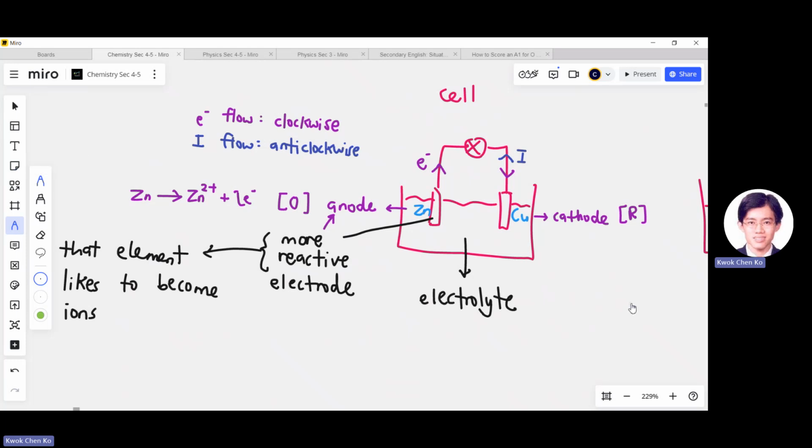Imagine this whole chunk here is a battery, which is true. And for a battery, current flows out from the positive terminal, which makes this guy positive. Current flows out of positive, goes through the light bulb and flows into the negative.